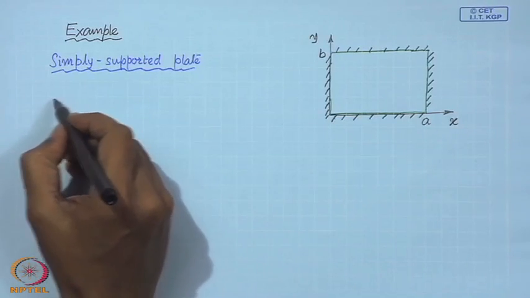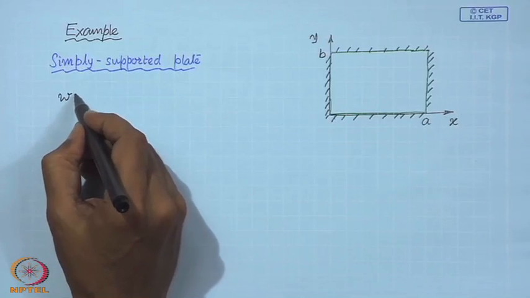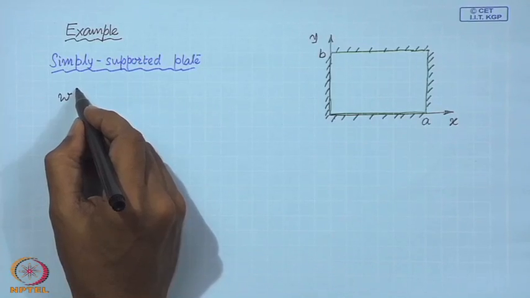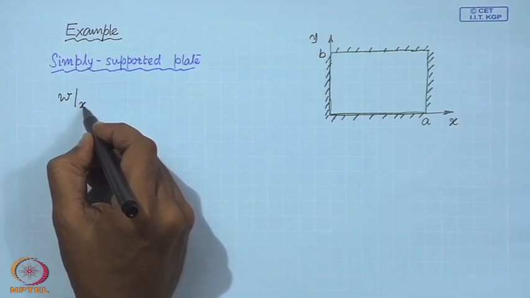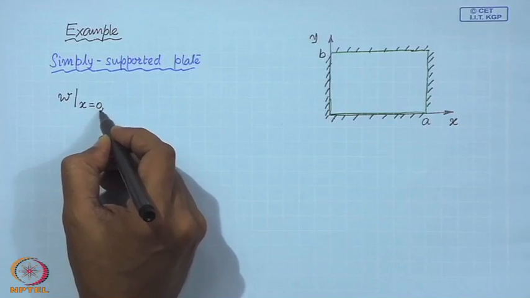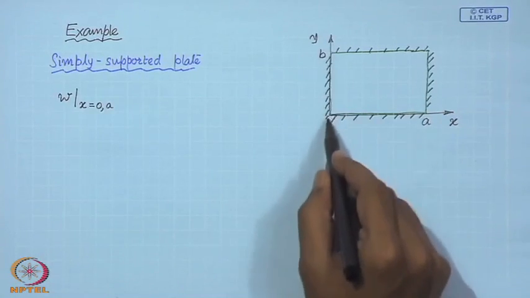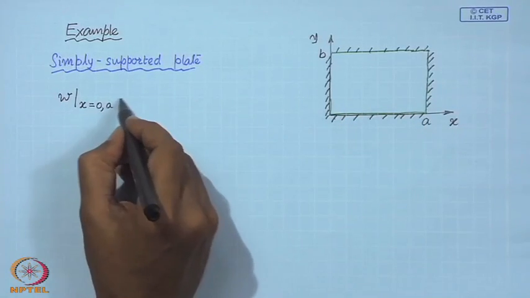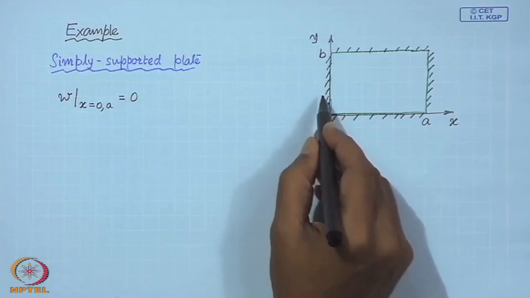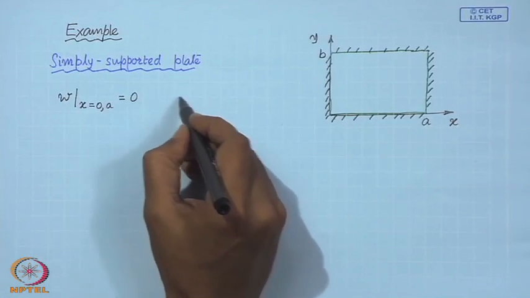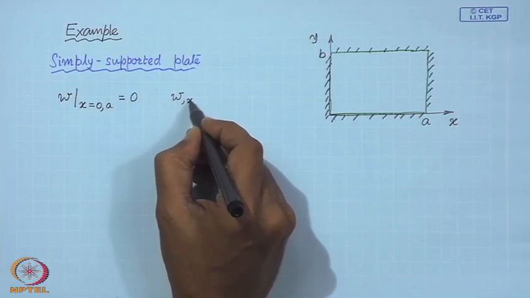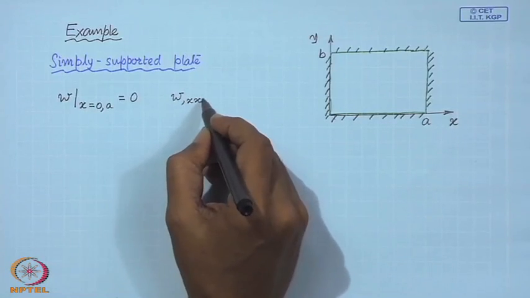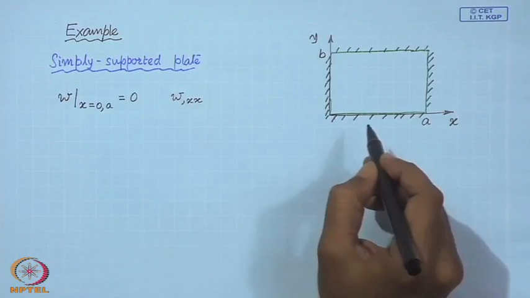So, the boundary conditions, so at x equal to 0, which means this edge, and x equal to a means this edge, we have the displacement as 0, and since they are simply supported, the moments are also 0, and the moments in this case happen to be the double derivative of w with respect to x.